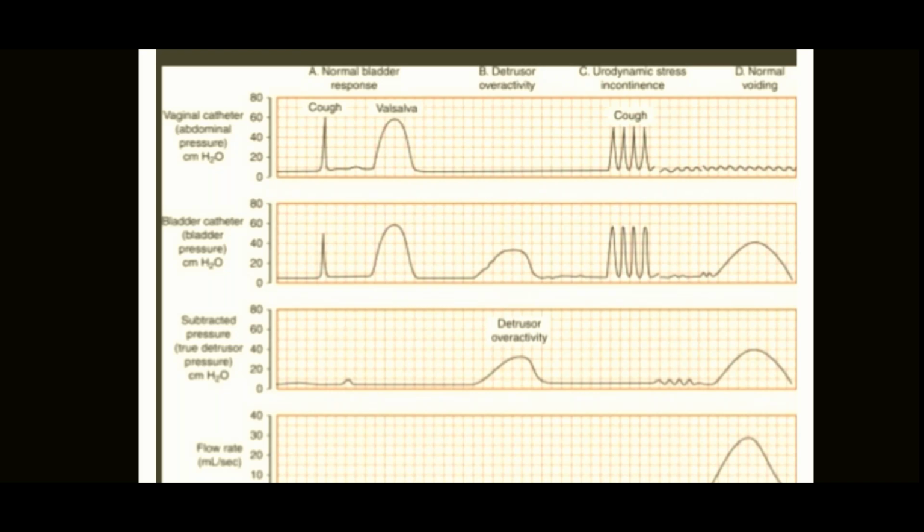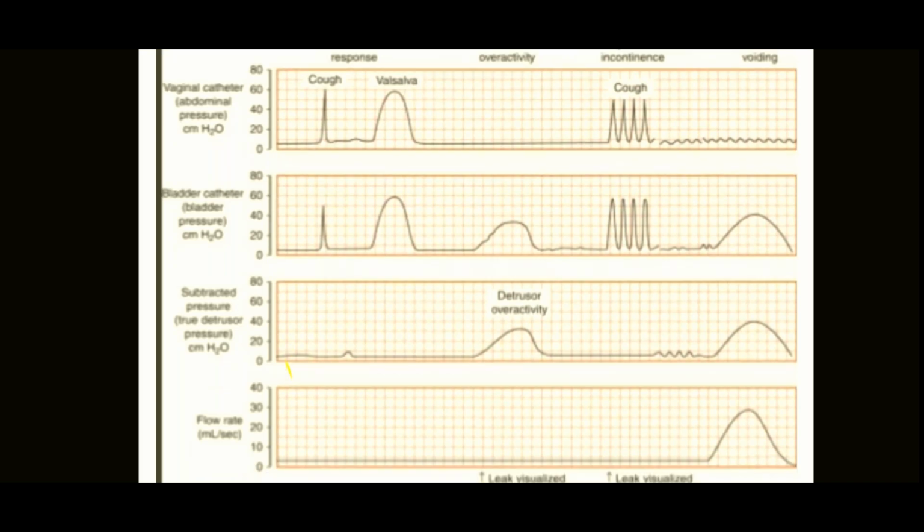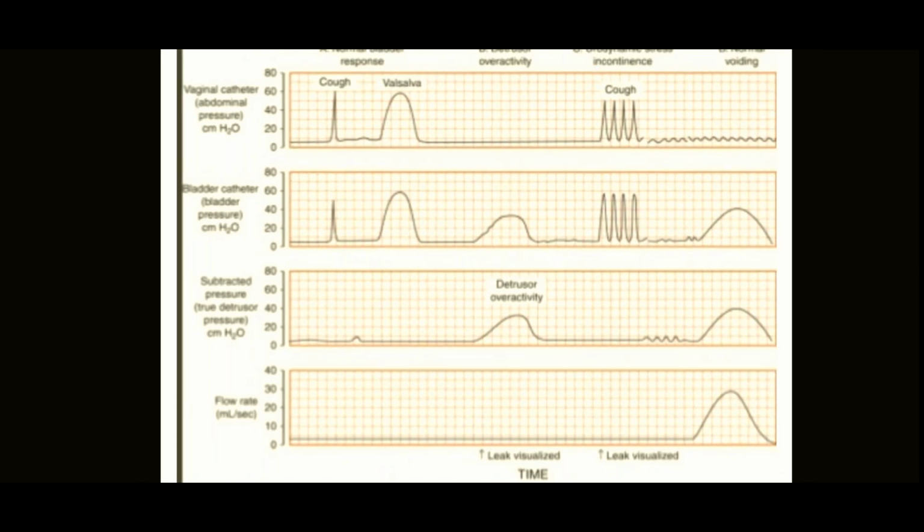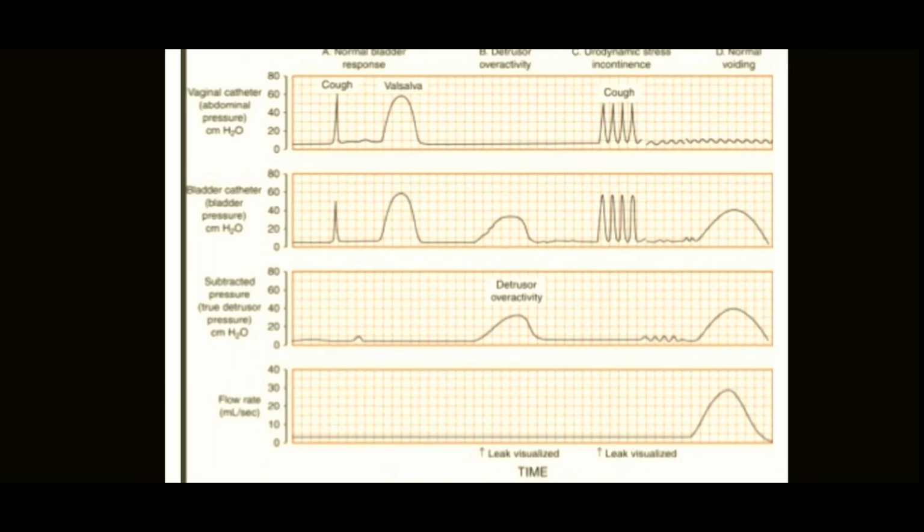In the urodynamic stress incontinence patient, you'll see that when the patient coughs, there is a rise in the bladder pressure and there is a leak. So see, there are two types. One is dry urinary problems and one is wet incontinence.